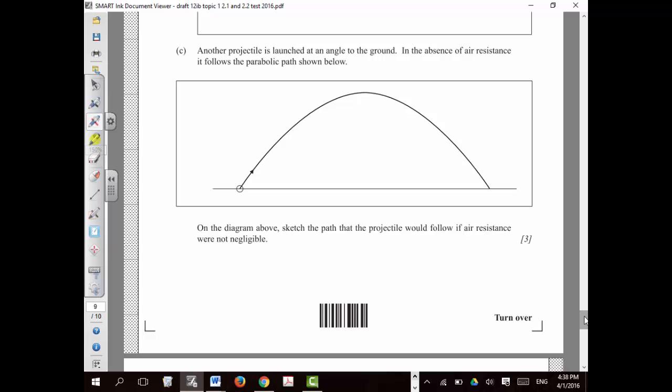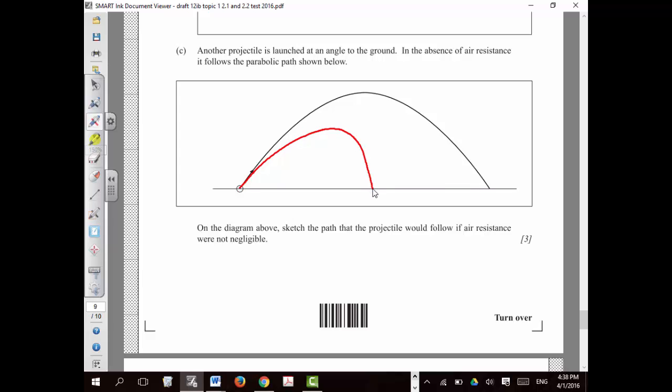And because it's slowing down horizontally as well, the whole thing is going to be asymmetrical, because initially it's going to have a high horizontal speed and it's going to end up with a lower horizontal speed. So the graph should look something like this.